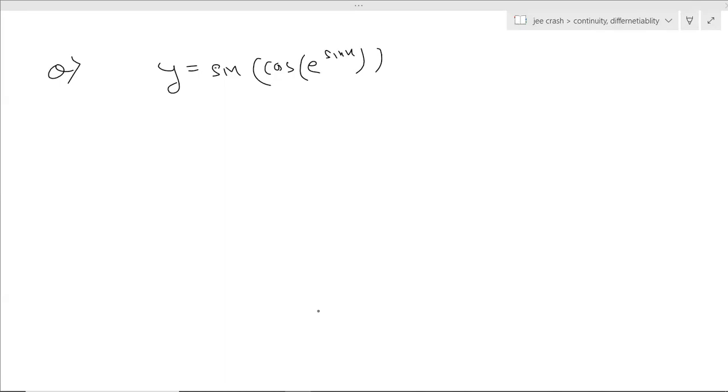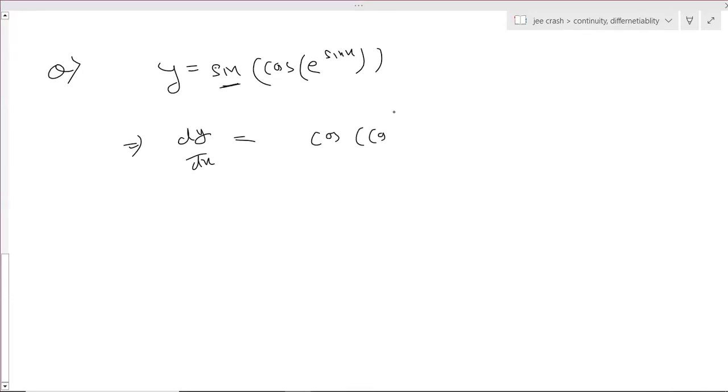Okay, let's see. This is dy by dx equals to, yeah, differentiation of sine is not minus cos. Okay, you are taking the negative outside. All right. The differentiation of sine is cos.